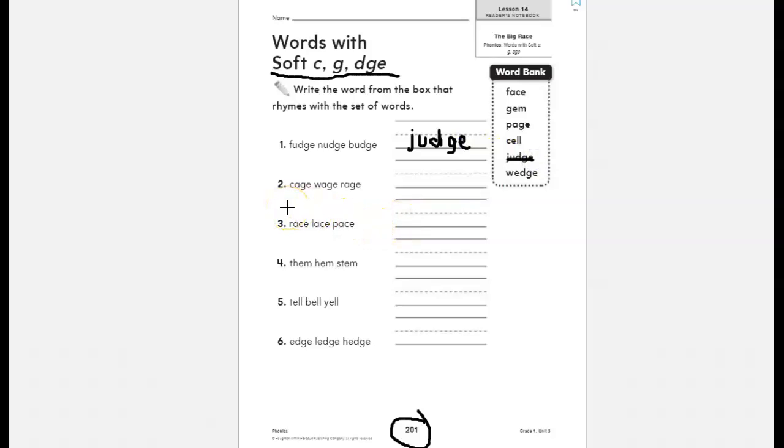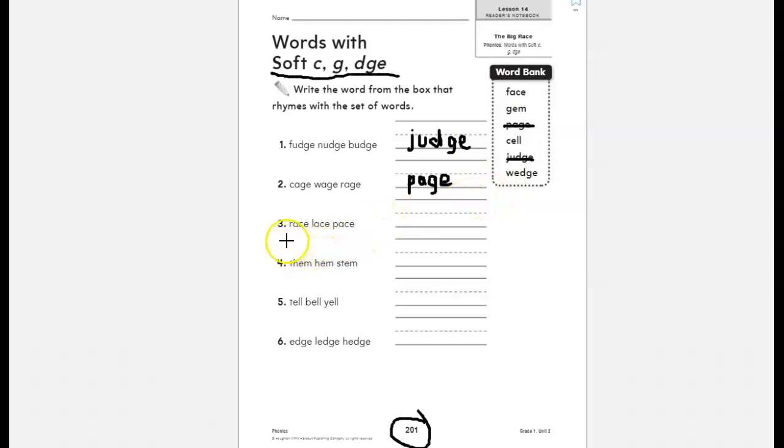On number 2, we have the words cage, wage, rage, and page. The word page rhymed with the words cage, wage, rage. And then I like to cross out the word when I'm done with it.